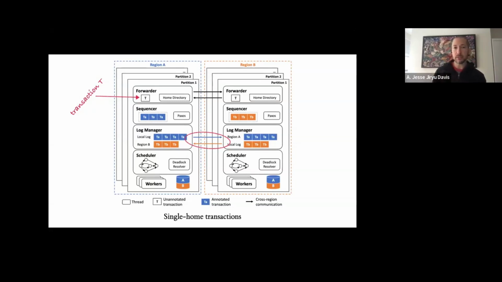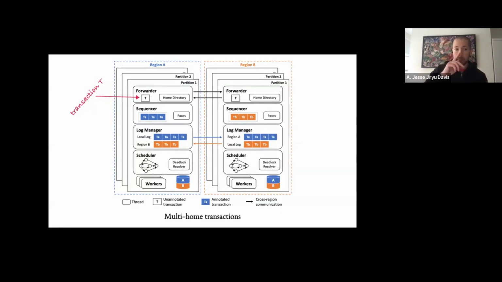So I think that this makes all of these copies eventually consistent. And that's it. There's no stronger guarantee about all of the data in the system. So that's single region transactions. They're pretty straightforward. They're basically just sent to the region and executed. The interesting part is going to be multi-home transactions.